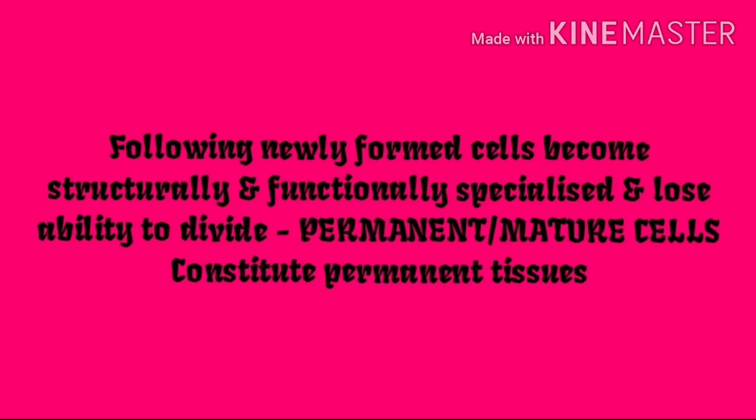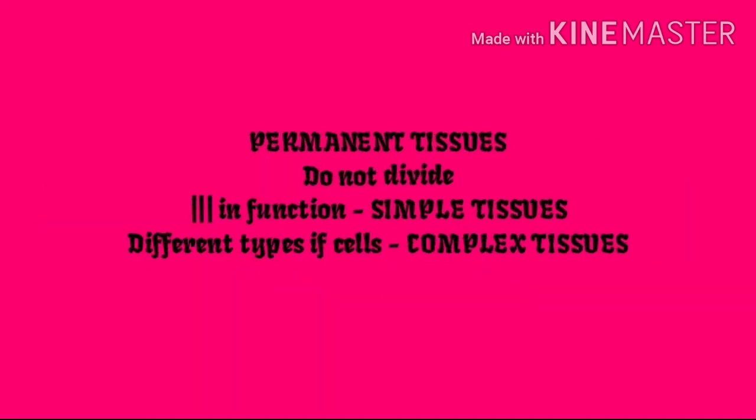And such cells are called permanent, otherwise mature cells, and they constitute the permanent tissue. During the formation of the primary plant body, specific regions of apical meristem produce dermal tissues, ground tissues and vascular tissues. Now let us understand what permanent tissues are.